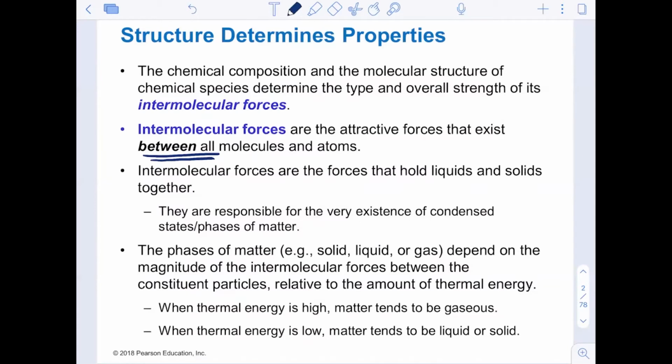When thermal energy is high, so when we have really, really high temperatures, we've given the state of matter enough energy to overcome the intermolecular force and be a gas. If the thermal energy is low, temperature is low, matter tends to be a liquid or a solid because there's not enough energy to overcome the intermolecular forces. And so the molecules tend to stick together, get closer in proximity, become liquids, or even closer in proximity, become solids.